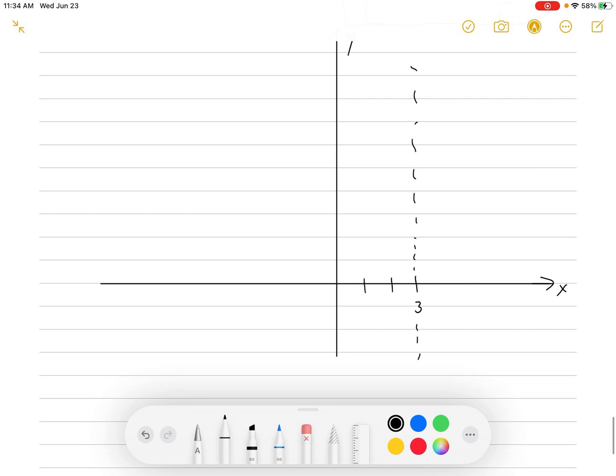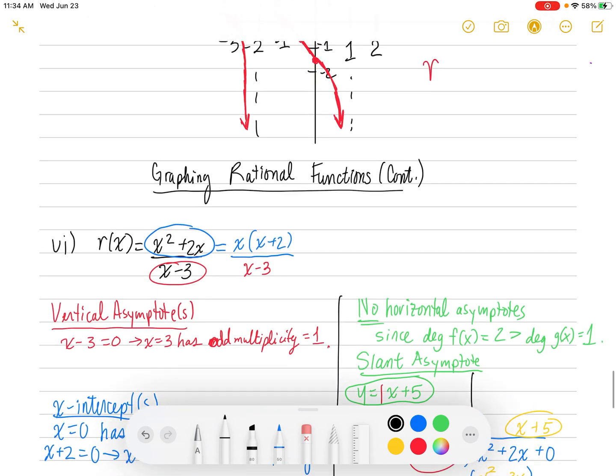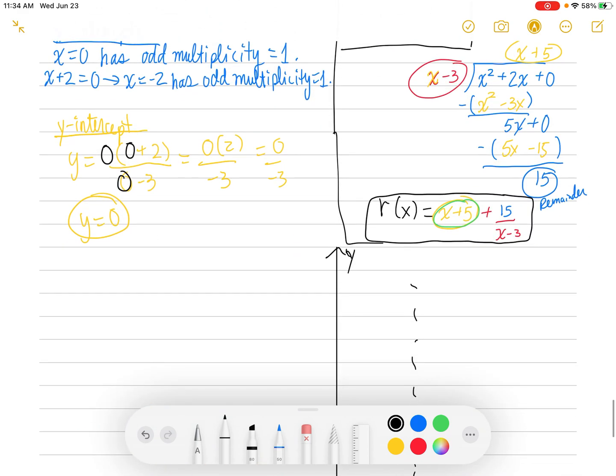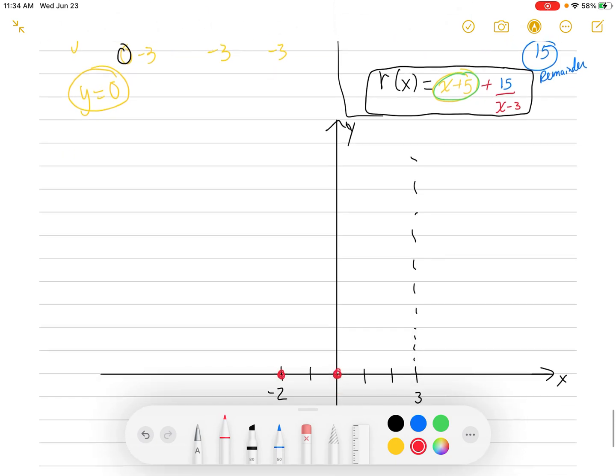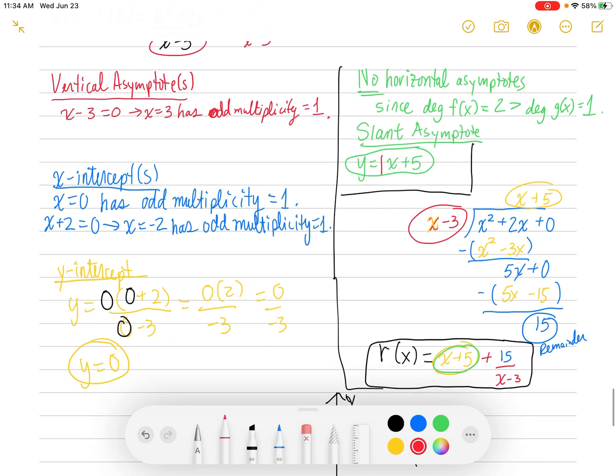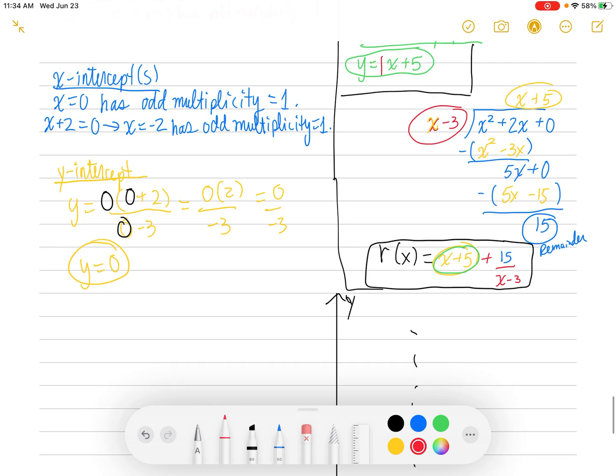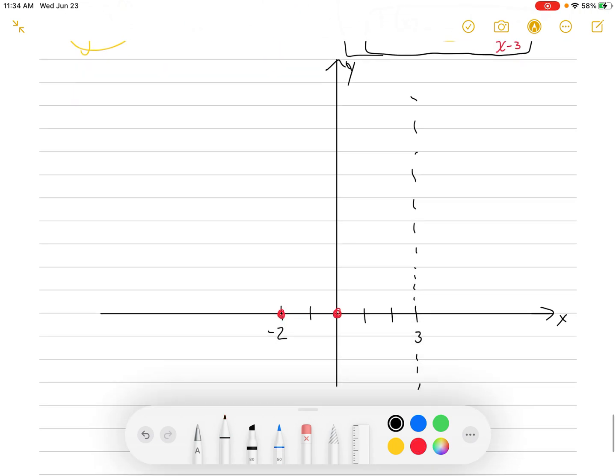Vertical asymptote at 3. X-intercepts at 0 and negative 2. Y-intercept at 0, which is the same thing as the x-intercept at 0. Okay, slant asymptote at x plus 5.